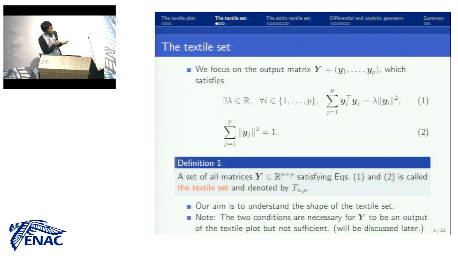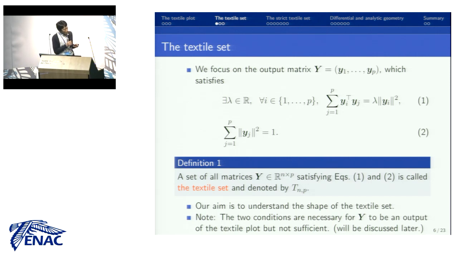And so we define the textile set, which is the set of all matrices Y satisfying these 2 conditions, and we denote it by T_np. We want to understand the shape of this set, a subset of matrix space.